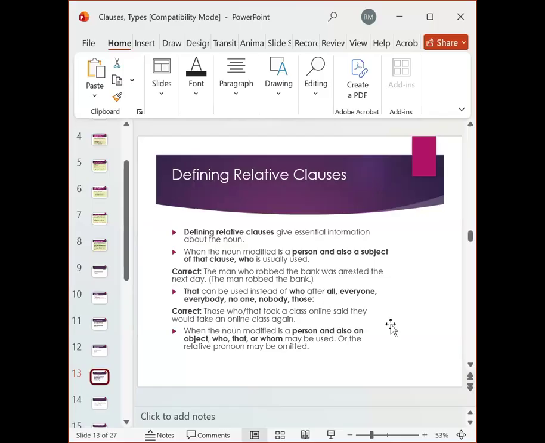Now, there are instances where you can use that for animate things. And in such instances, that refers to indefinite pronouns like one, everybody, no one, nobody. Now, let's look at examples.